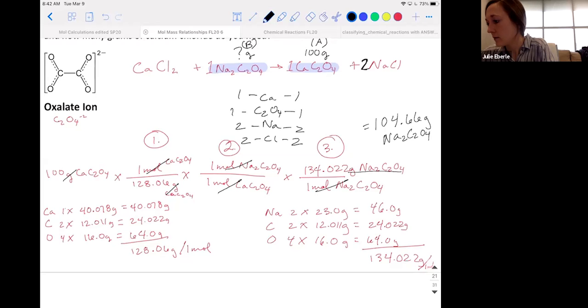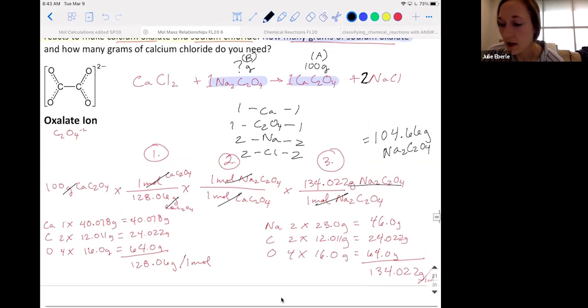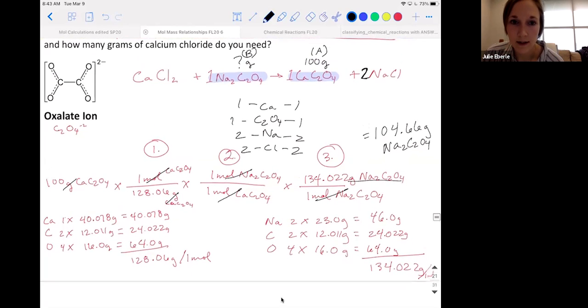Okay, so now you see why I say the 3-part problems are the hardest things. There are so many steps. This one was huge because you had to not only write out the equation and balance it, then you had to calculate the molar masses of both things and plug it all into the problem correctly. Questions on this?